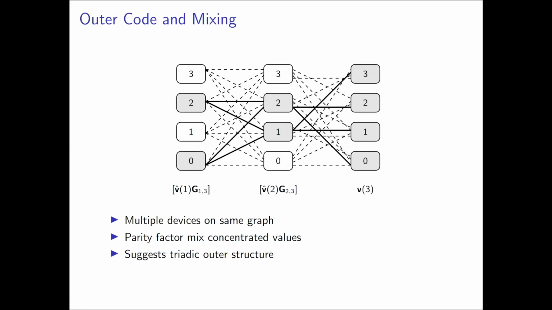We turn to the design of the outer code. One phenomenon that we have to take into consideration when designing the outer code is mixing. This is a byproduct of having several codewords on the same graph at the same time. Suppose, for the sake of argument, that we have 2 information sections and 1 parity section, each of length 4, with 2 non-zero entries per information section. This can lead to 4 parity patterns being equally likely, as seen on this graph.